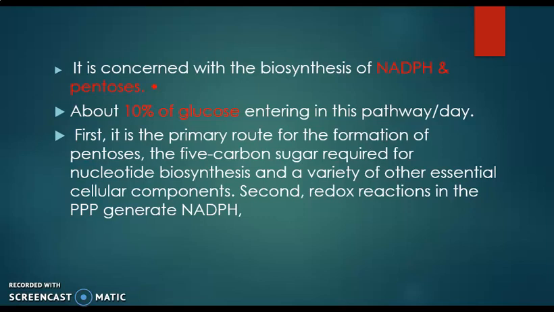Then, it is also used for certain redox reactions in the pentose phosphate pathway, which generate NADPH. So, there are certain redox reactions, that means releasing of intermediates, and these reactions generate NADPH intermediates in the PPP, the pentose phosphate pathway.